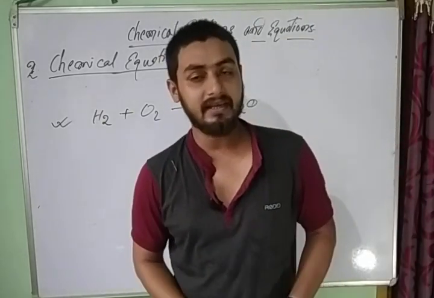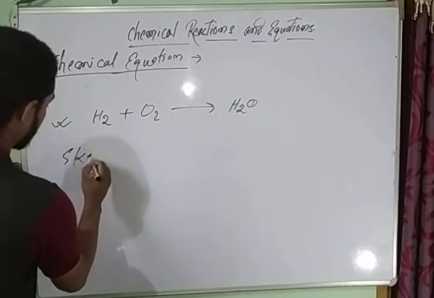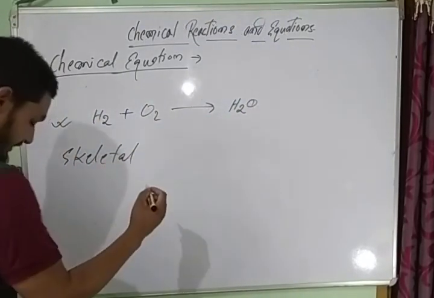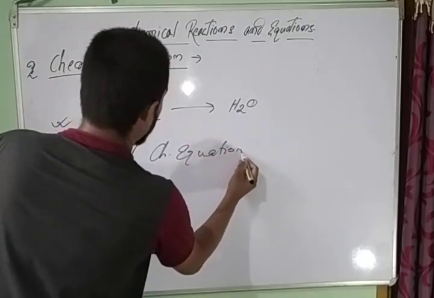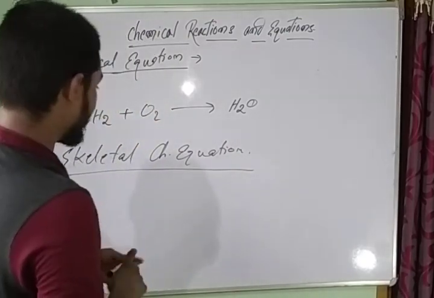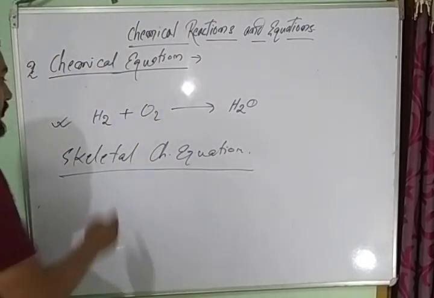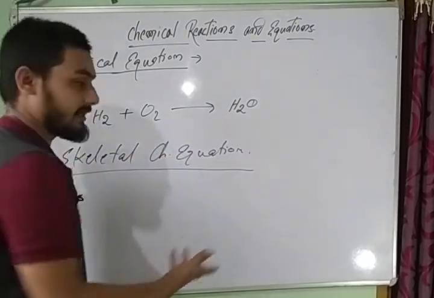So what is a skeletal chemical equation? Skeletal chemical equations are the chemical equations in which only the formula of the reactant and the product is mentioned.